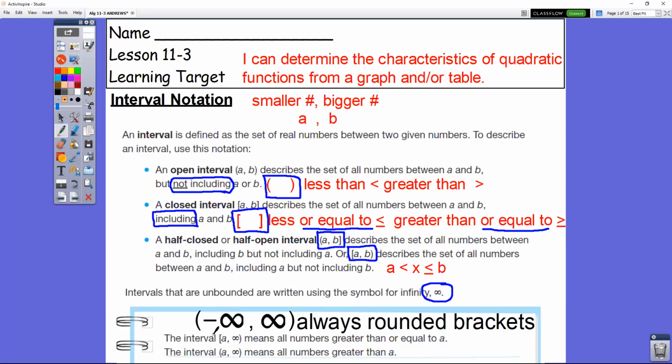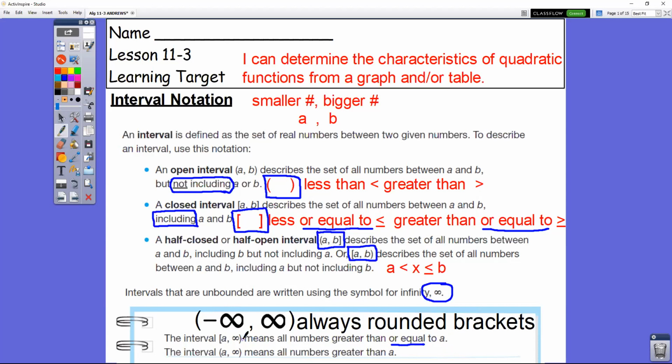So, for example, the interval squarey parenthesis A, comma, infinity, means that you would have numbers that are greater than or equal to A. It's starting at A. It includes A. That's why we have the or equal to. But then it's all the numbers that are bigger than it. So it's starting here and going towards infinity.